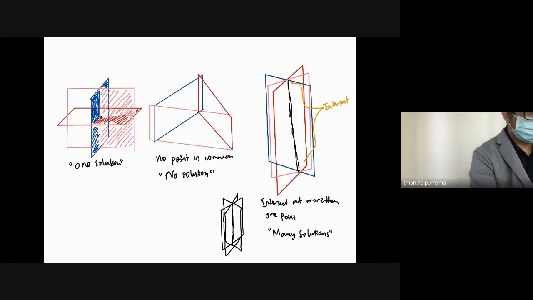We call the no solutions also the inconsistent. And the many solutions we call dependent.